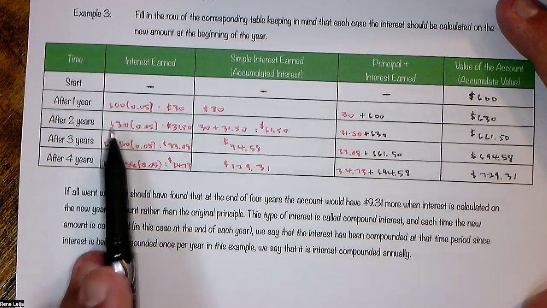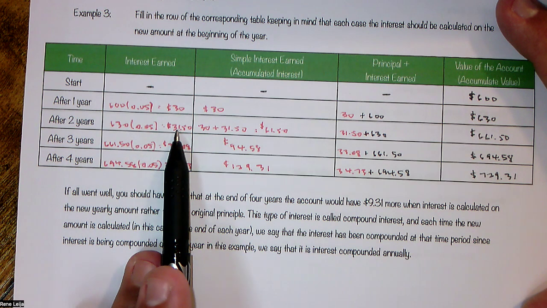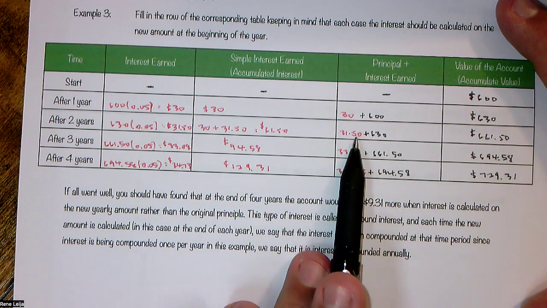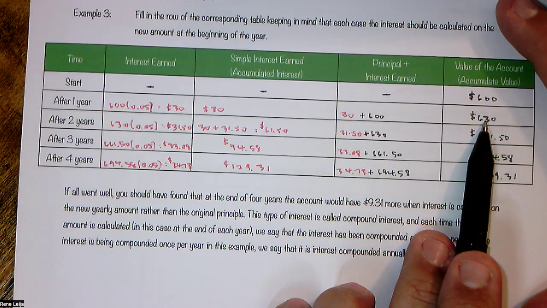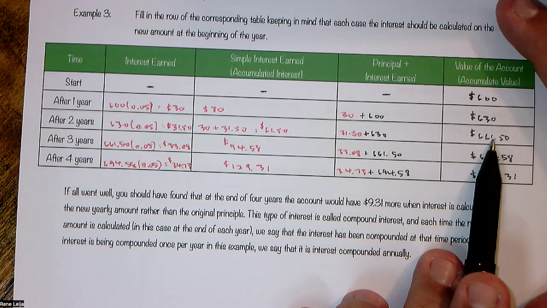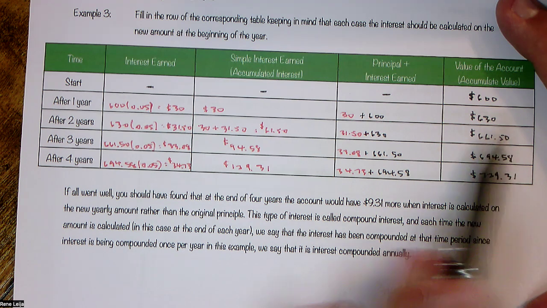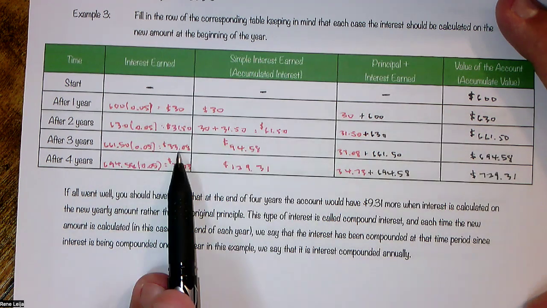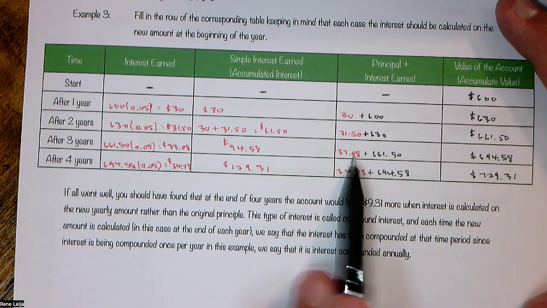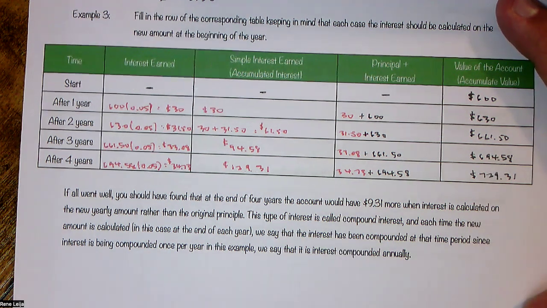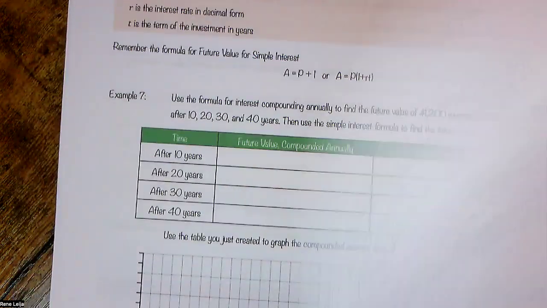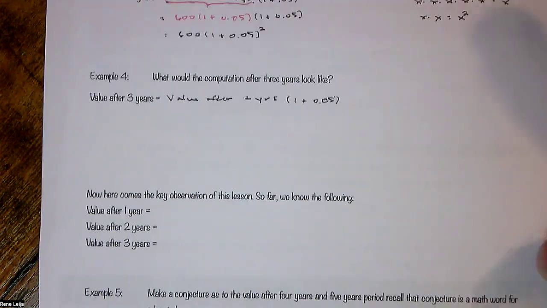So now we took the 630, we got a new interest amount, and I add that back to my previous principal, which made it bigger. Now I'm going to take this 661.50, calculate some more interest on a larger amount, and then I add that back to my principal, and then you just keep doing it over and over and over. So that's why our amount is getting larger and larger.